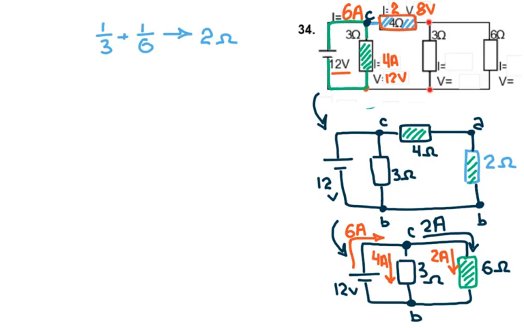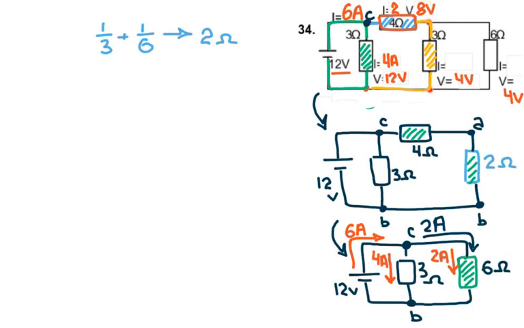Some of the amps will decide to go this route through this resistor and then back home. They have to spend the 12 volts that they got from the battery. So if they are spending 8 volt on the resistor on the top, then there is only 4 volt left right here. And because these are parallel, you have the same 4 volts for each one of them.